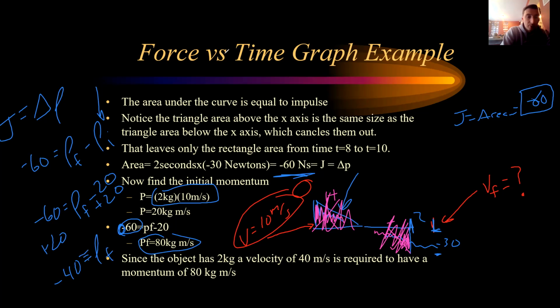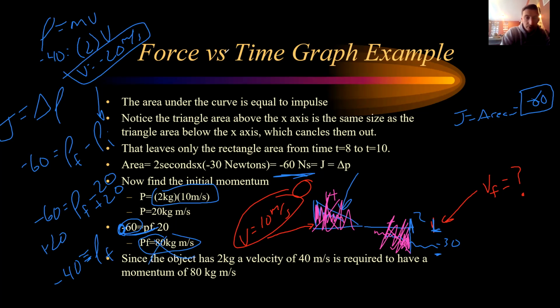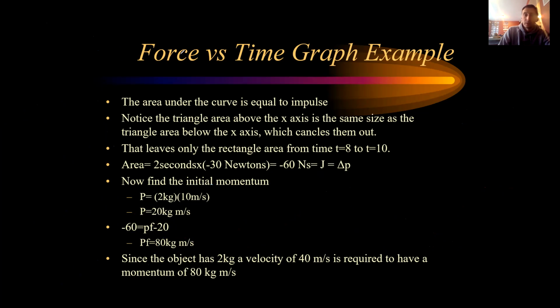If that's my final momentum, negative 40, my mass is 2, my velocity is v, so I get v equals negative 20 meters per second. Wrong, I knew I did it right. I think it was just because I messed up the sign on my thing here.